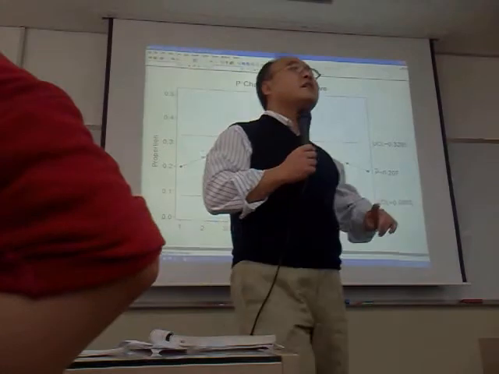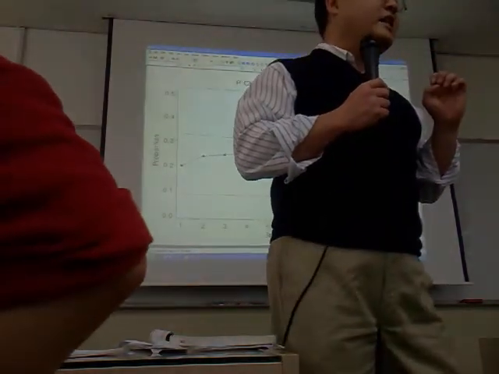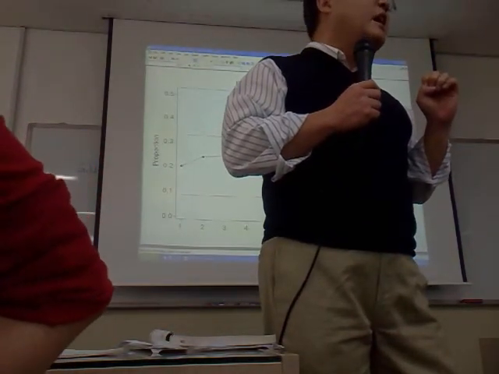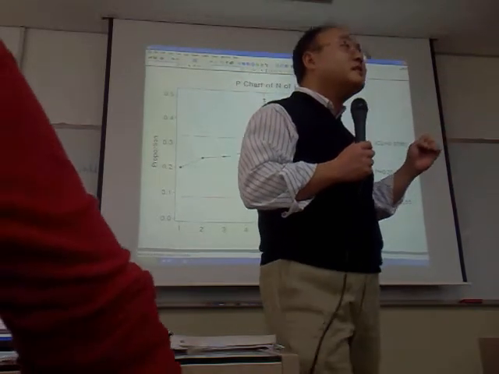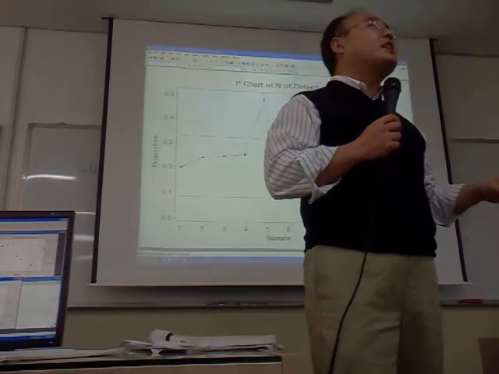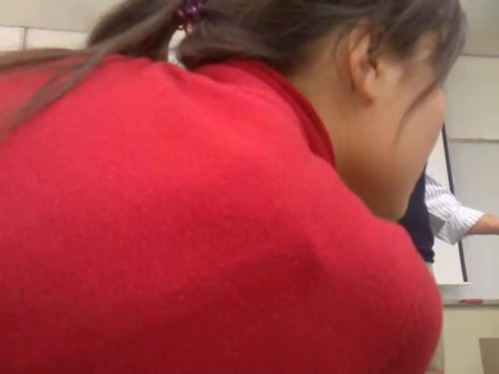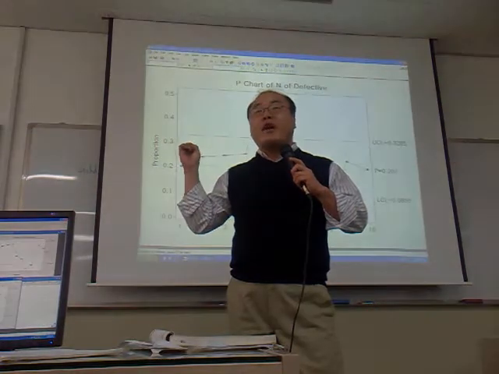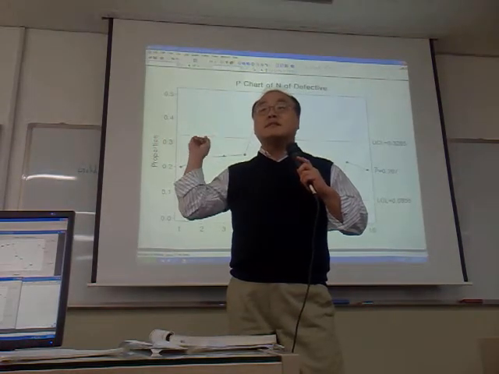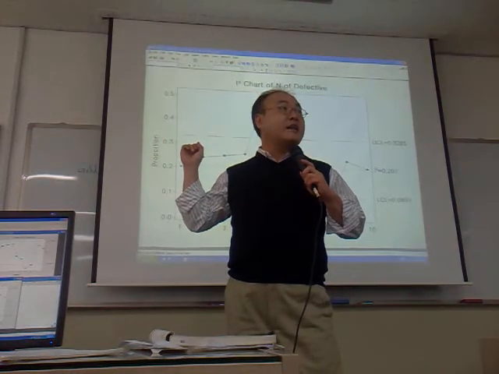Can we use only one chart? Can we use only the NP chart? P or NP? Yeah, it's the same result. The result could be different, because sometimes we use this one for one sample data, right?